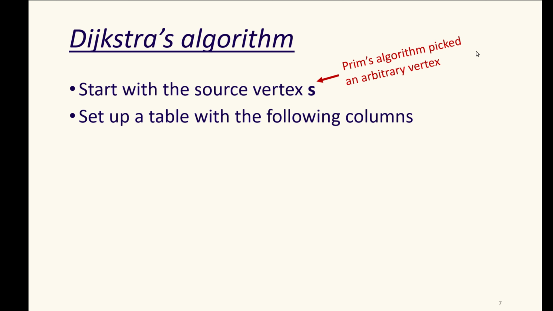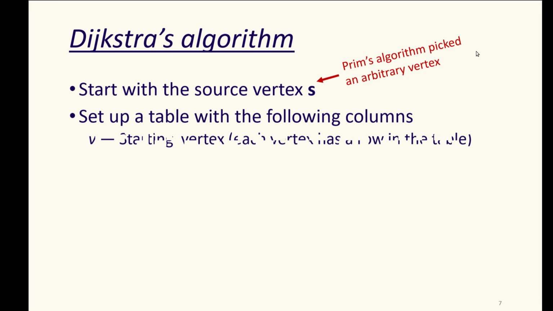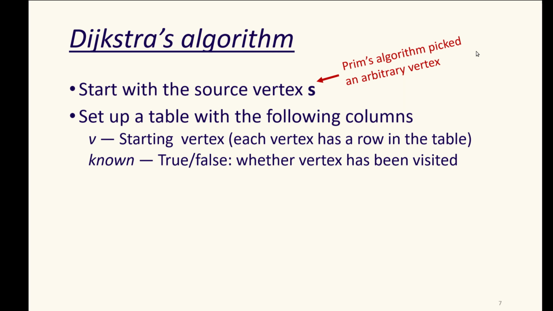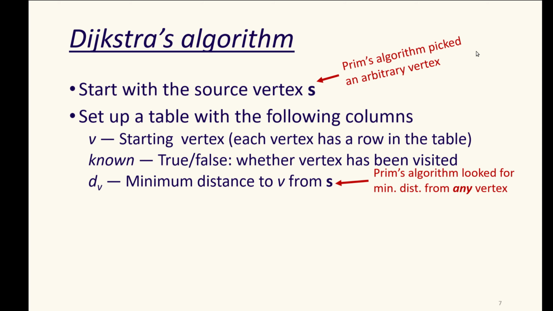We then can set up a table with these columns. V, the starting vertex, so every vertex will have a row in the table, just like Prim's did. Whether that vertex is fully known, in other words, whether we have evaluated or fully explored that vertex, seen all of the connections it has, and the distance d sub v.